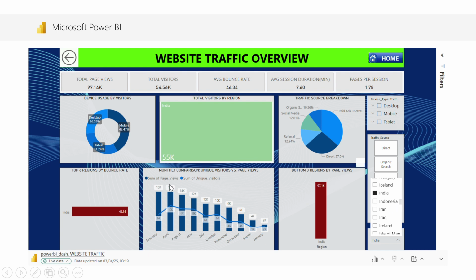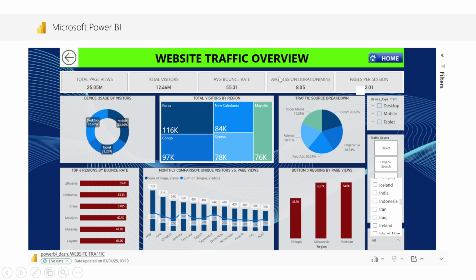And here in India we find that February accounts for the largest number of page views, followed by April. And here also paid ads was one of the traffic sources. So that is basically the website traffic overview.